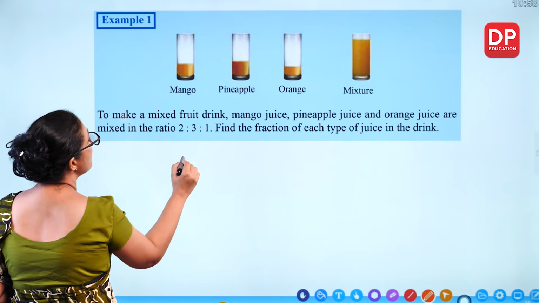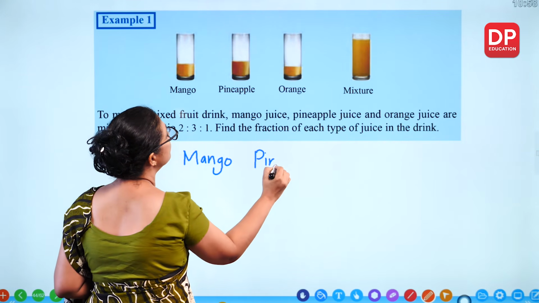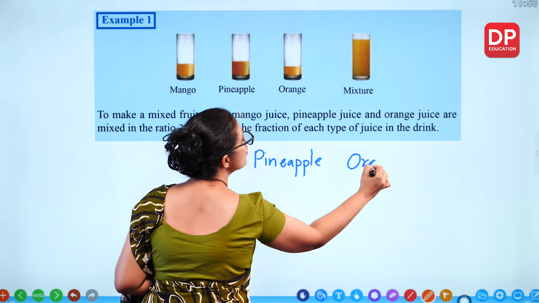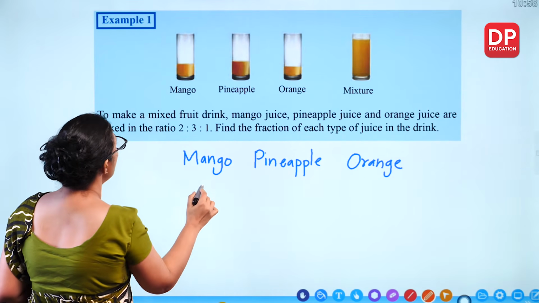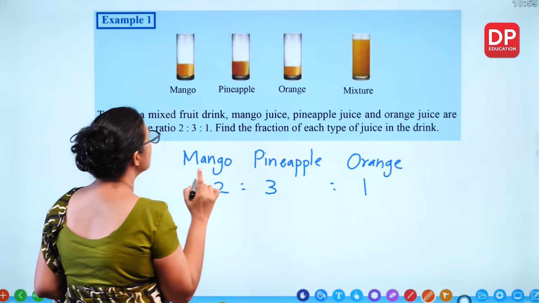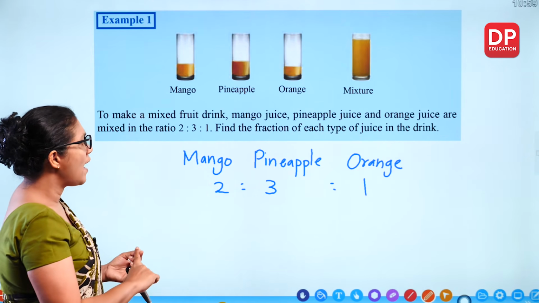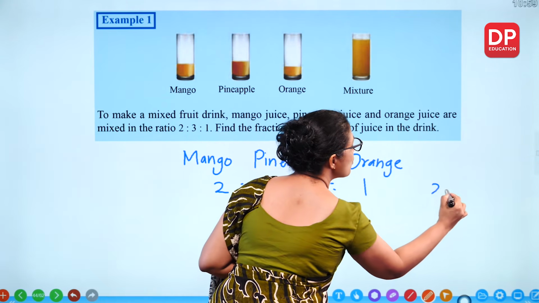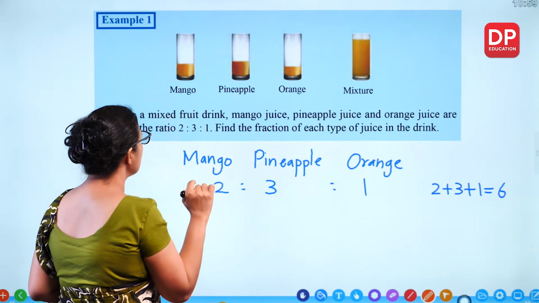So if you take mango, pineapple and orange, what's the ratio? 2 to 3 to 1. So when you take the total parts, 2 plus 3, 5, 5 plus 1, 6 parts are there.